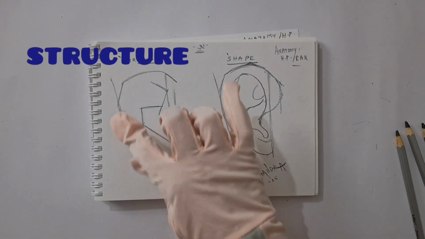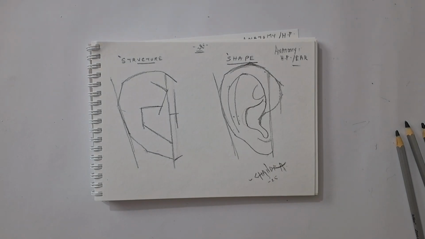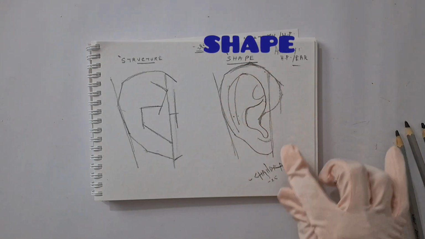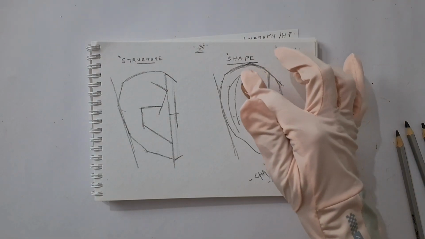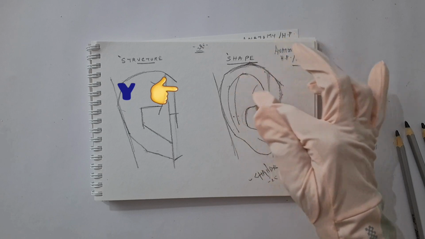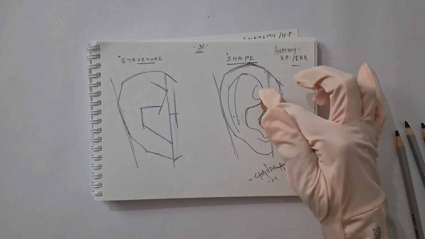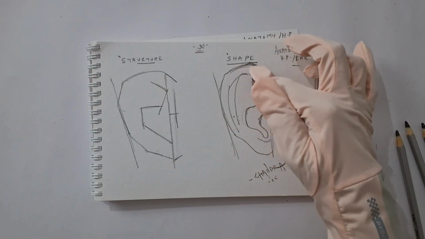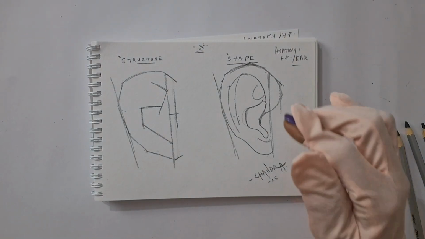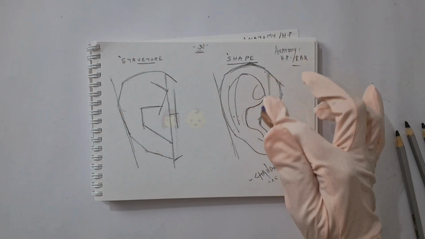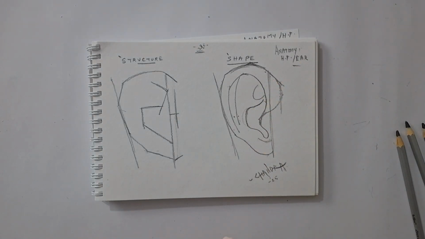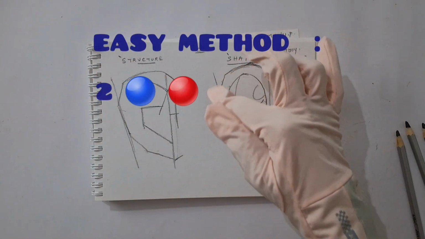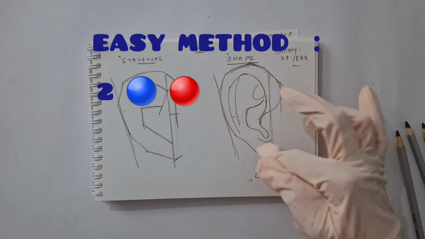This is the structure of the human ear, and this is the shape. You can find it like this, the Y-shaped, capital Y shape. Here it is thinner, here it is wider. You can see. And this resembles a mother and child sort of shape. You can even draw it very easily with 2 circles, one big circle and one small.